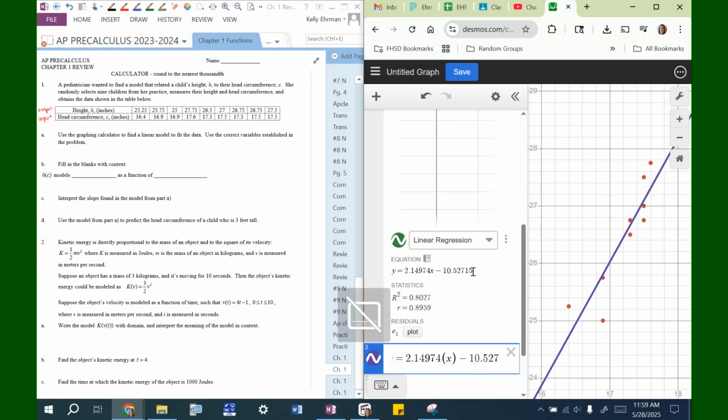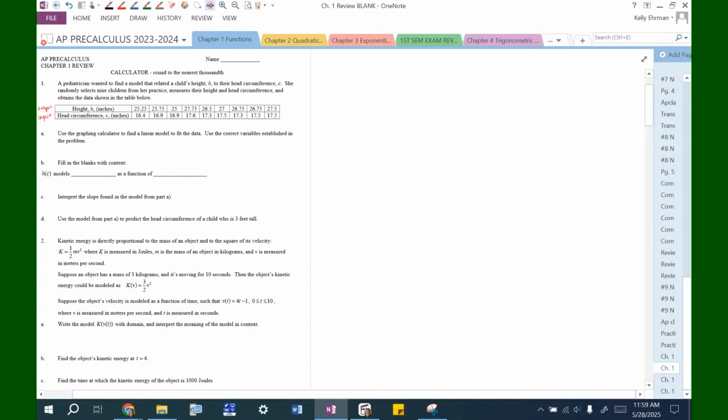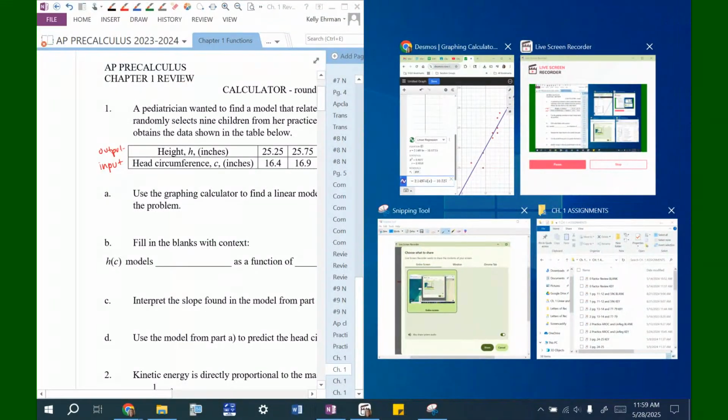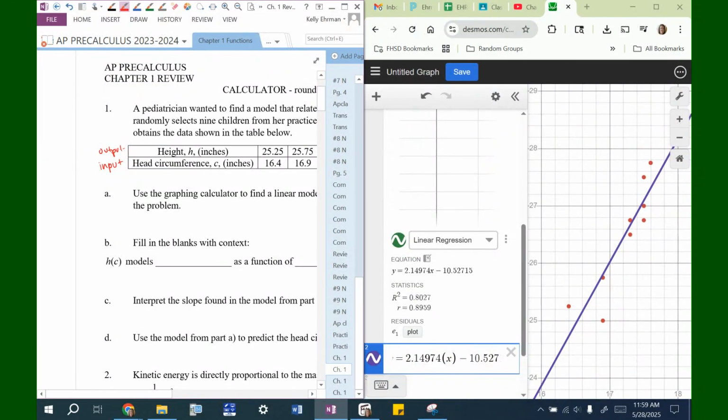Use the graphing calculator to find a linear model for the data. Remember, height was the output. So h of c is equal to 2.14974 times, instead of x, I'm going to put c minus 10.527.